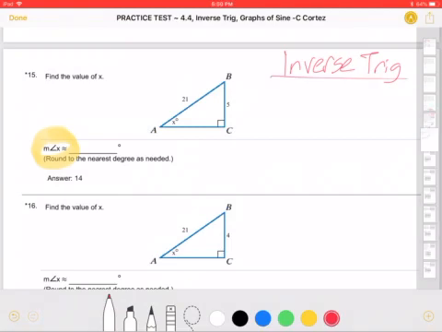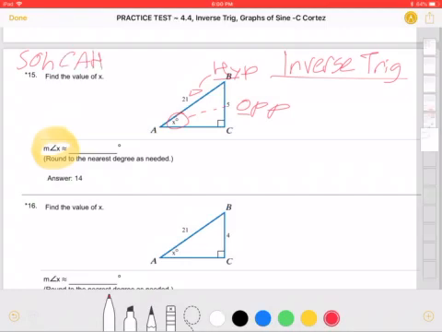So let's think this out. We have our angle. We have a side that's opposite. And we have our hypotenuse. So what trig function uses the opposite and the hypotenuse? Think of SOHCAHTOA. Which one uses the opposite and the hypotenuse? You should be saying sine.